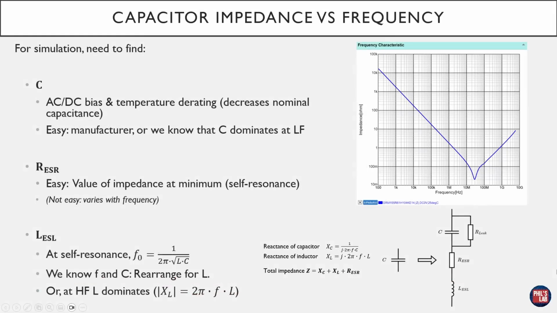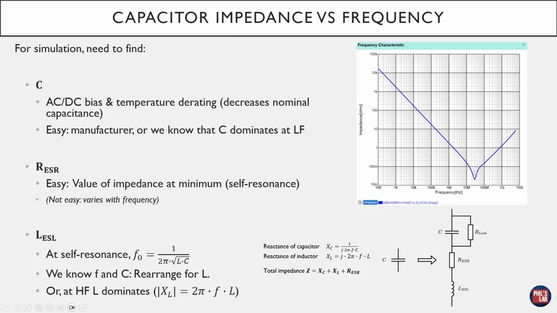If you followed video number 114, you will be familiar with the fact that a capacitor's impedance changes with frequency. And if we take our previous model and form the equations for the impedance of that model, we can get a curve as you can see on the top right hand side. We have a capacitive section from DC where we have this downwards logarithmic slope.